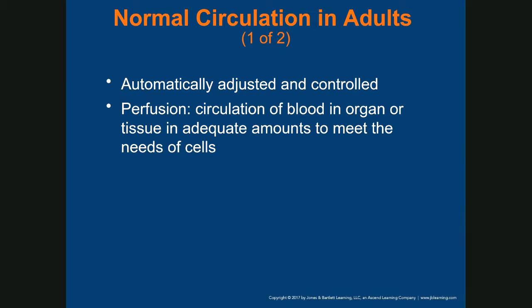The brain, the lungs, the heart, kidneys, and the rest of the body, we must have an adequate blood pressure, right? And that blood pressure changes based on demand. So your blood pressure will change based on demand.